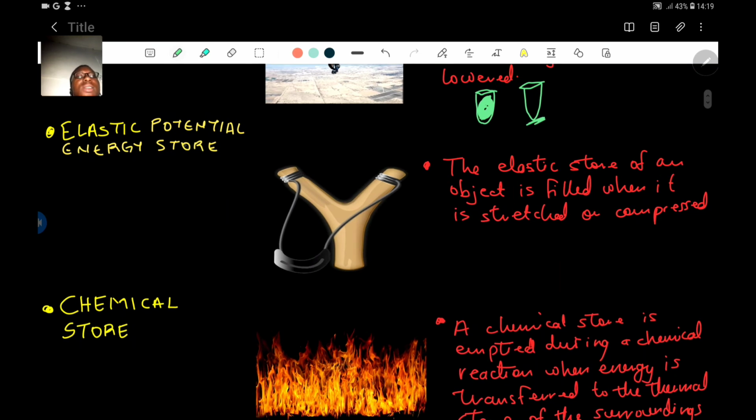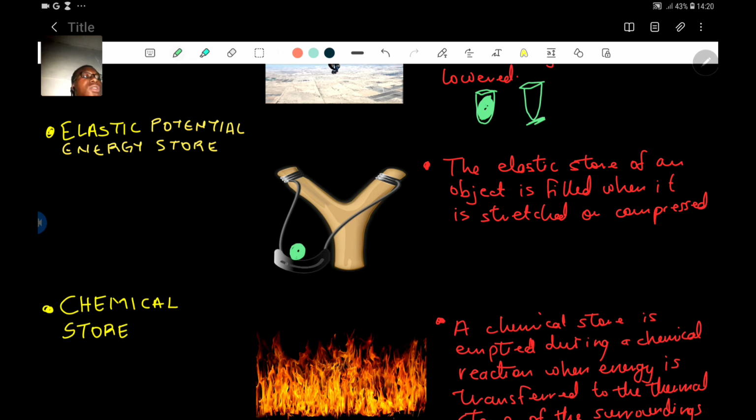Then we have the elastic potential energy store. What you're looking at in this picture is what you call a catapult. This is made up of wood and a rubber. The elastic store of an object is filled when it is stretched or compressed. When you pull the catapult, you usually place a stone right here, so you can snap it and hit whatever object you aim it at.